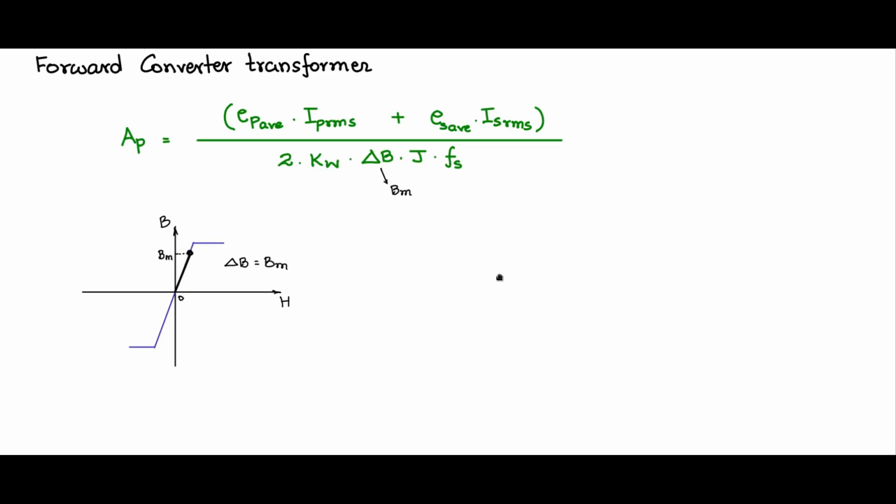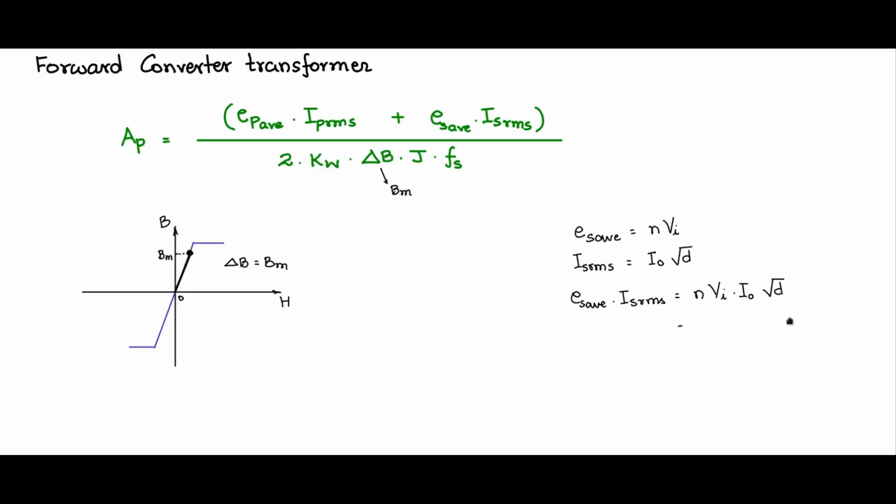So going back here, let us write it down. E secondary half cycle average is NVI during TS by 2. I secondary RMS, the current that is flowing through is I naught during that time, and the RMS value is I naught into root D. So E secondary average into IS RMS is nothing but NVI into I naught into root D.